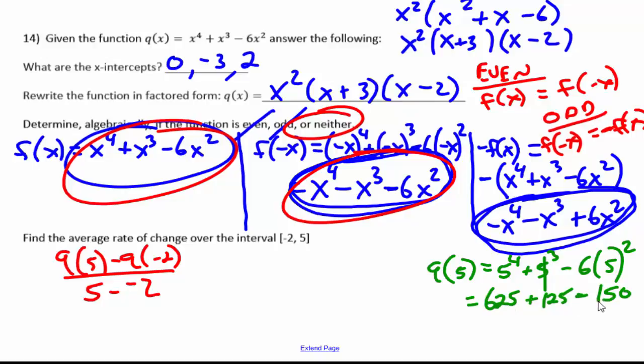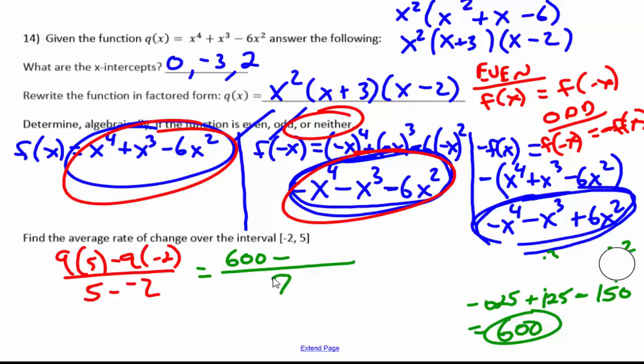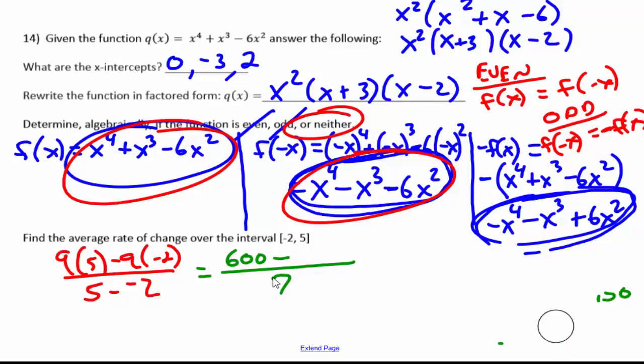So we have 750 minus 150 is 600. So that's q of 5. It's going to be 600 minus something. And then 5 minus negative 2 is 7. All right, so now I'm just going to erase this because I'm running out of room.